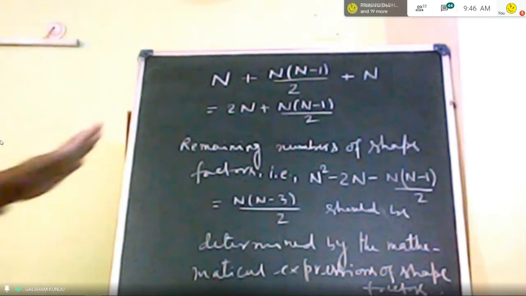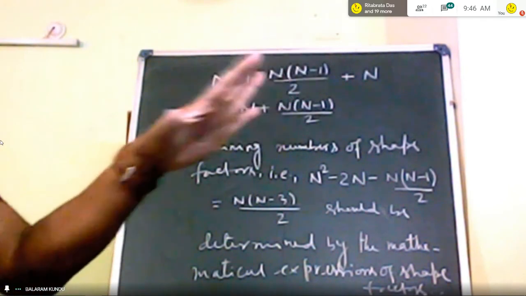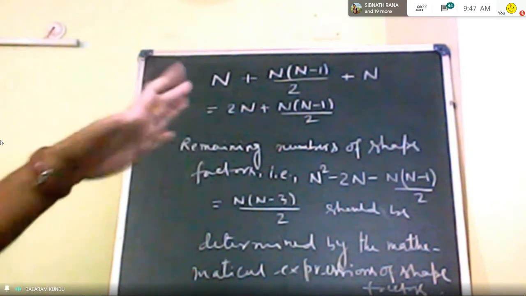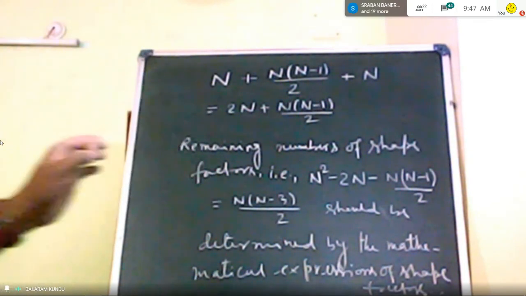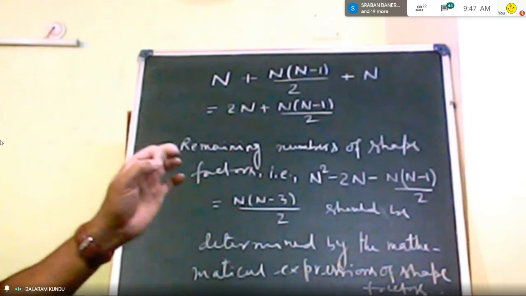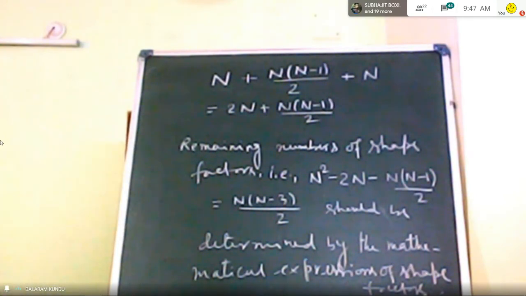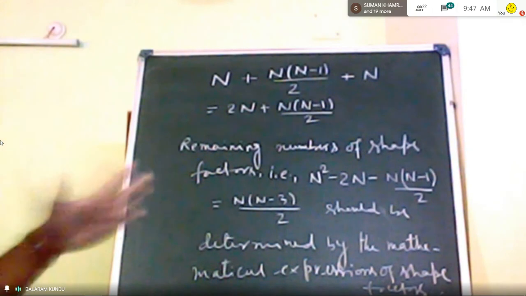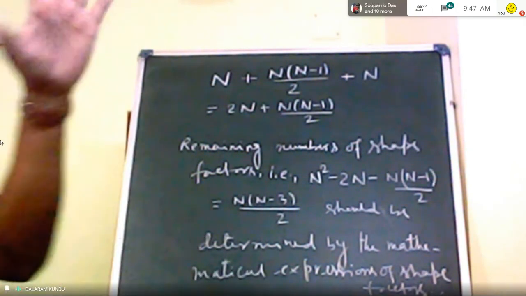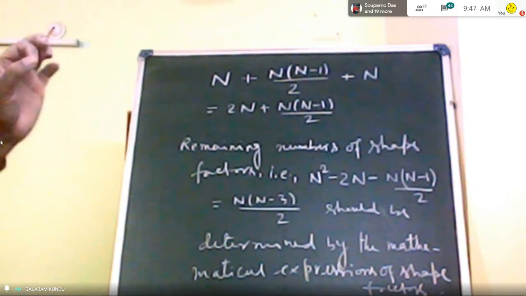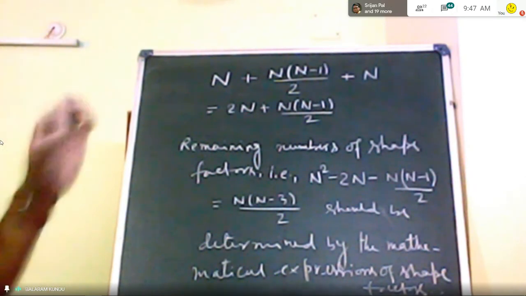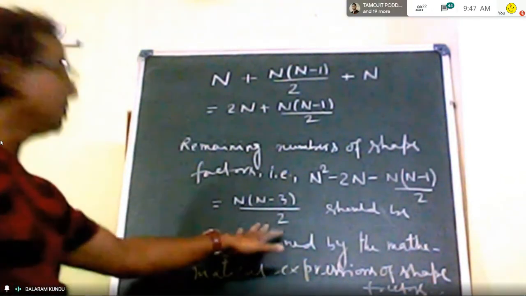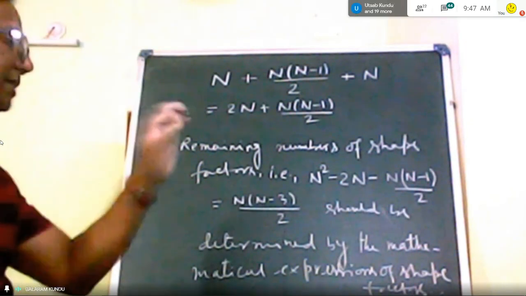So that means if you have two surfaces, a two zone enclosure, n equal to 2, it is not required to consider the mathematical expression to determine the shape factor. Say n equal to 3, in that case also no mathematical expression is required, but conditions are there: the surfaces are plane, which is very important, or convex. For a 3 zone enclosure, no mathematical expression is required to determine the shape factor.